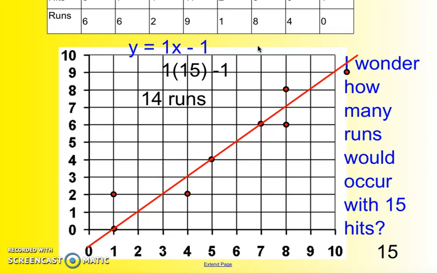Now remember this is approximately because with scatterplots there's just no guarantee. It's not a constant rate of change. There's not a perfectly straight line. And so this is approximately the number of runs with 15 hits.